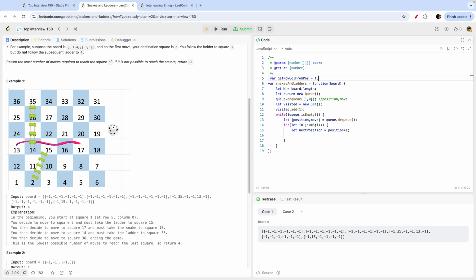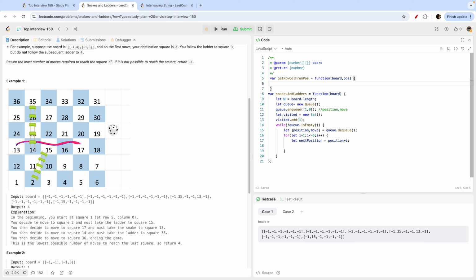We will pass the board and position number, and this will give us the row column number. We'll write that later. Let's first call this method and pass the board and the next position.